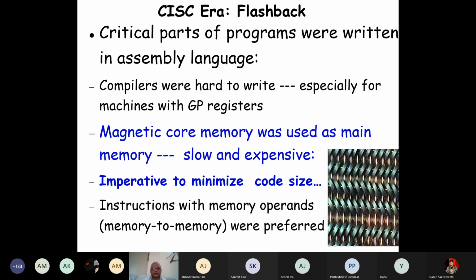Now let's look at the computers in the 1960s and 70s, before RISC computers were used. The problem at that time was that compilers were handwritten.